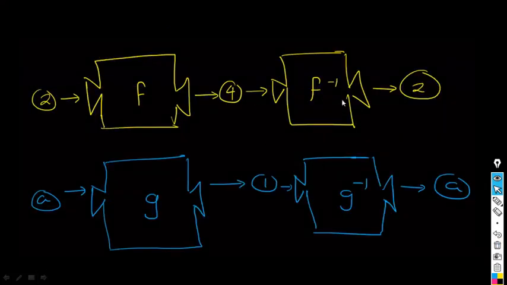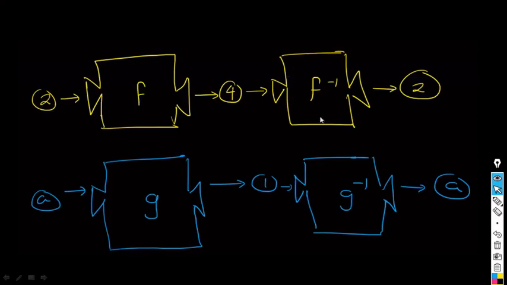So I want you to understand what this inverse function is. Remember that we can understand a function as a machine, and I want you to look at these two diagrams. We have a function f here. What is this function doing? It's taking the number 2 as an input, and it outputs the number 4. So this is the value of the function when we evaluate the function in 2.